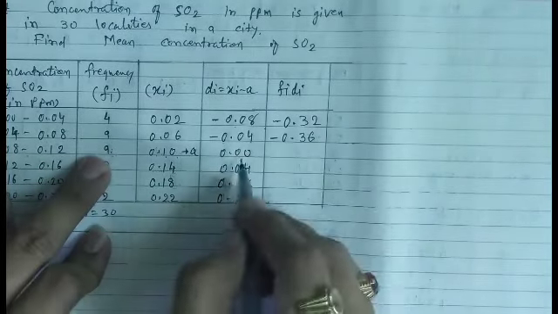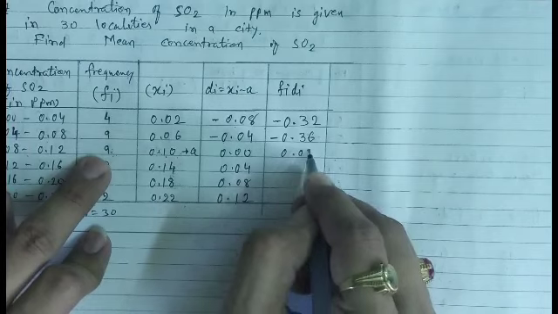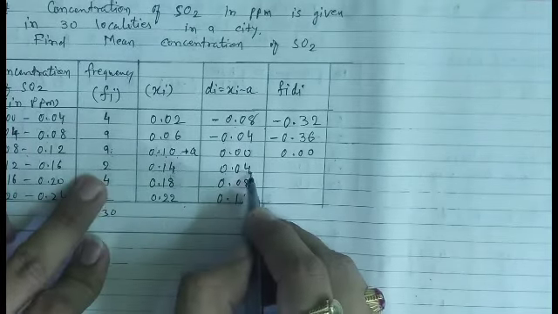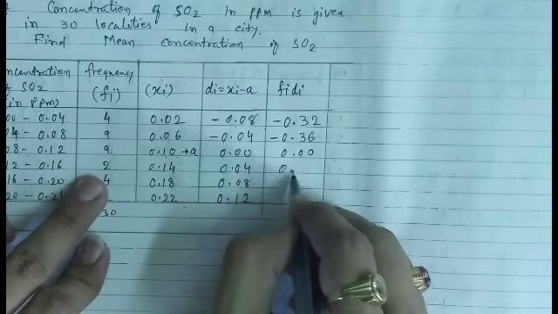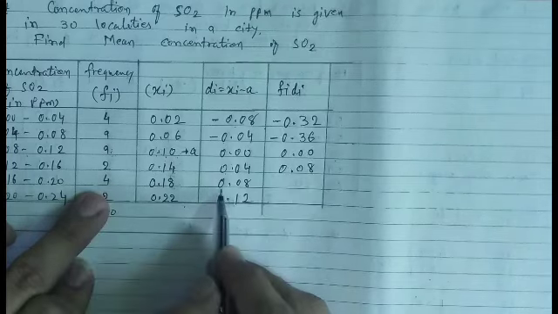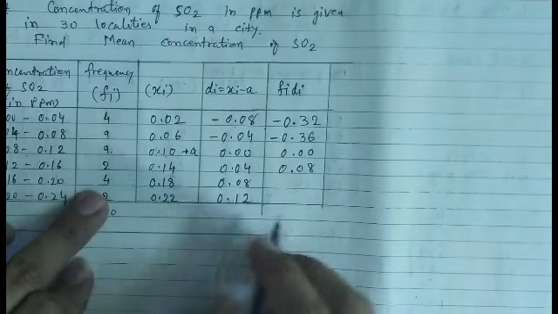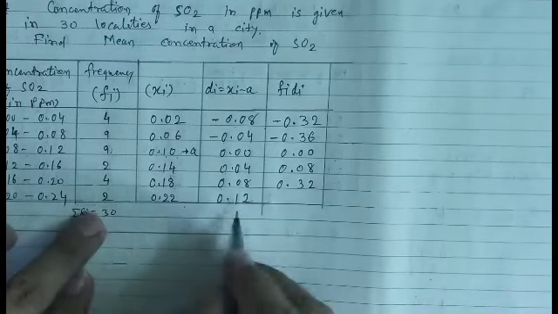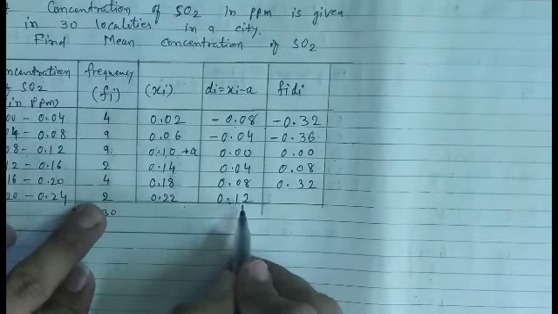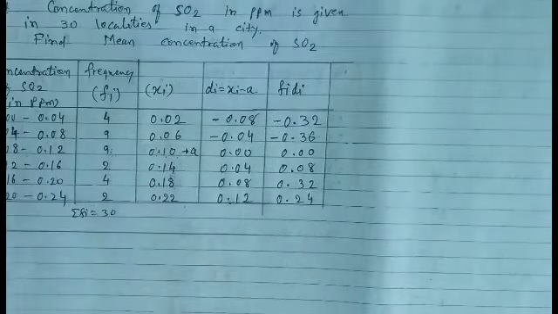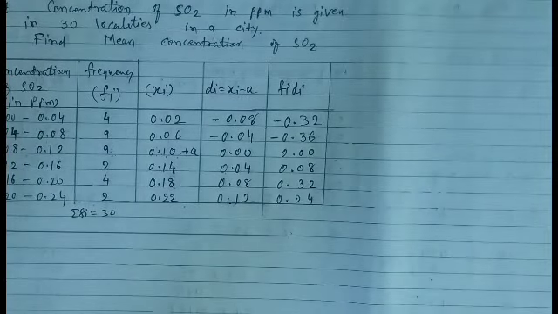Now 9 multiplied by 0, that will be 0.00. Next is 2 multiplied by 0.04. 4 into 2 is 8. It will become 0.08. Next will be 4 multiplied by 0.08. 8 into 4, 32. You'll get 0.32. And next is 2 multiplied by 0.12. 12 into 2, 24. 0.24. So these are the values of Fi Di.